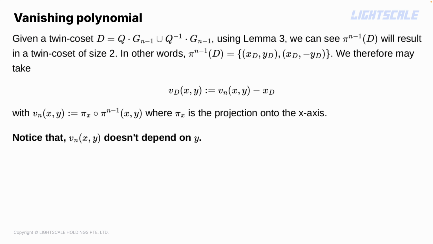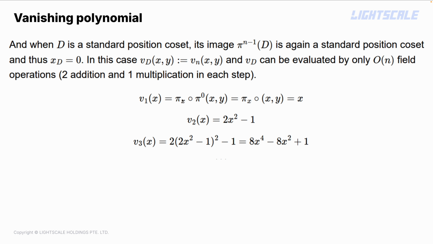So we can see that actually the v_n of x, y doesn't depend on y, right? Because it's always x_d, right? And when D is a standard position coset, then P_{n-1}(D) is again a standard position coset, which means x_d is 0, right?